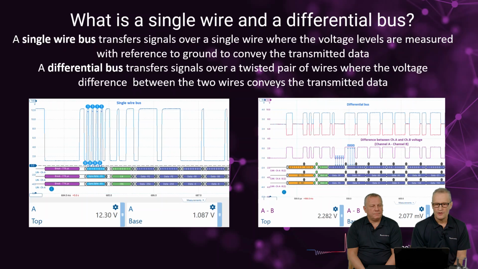Conversely, a differential bus transfers signals over a twisted pair of wires, where the voltage difference between the two wires conveys the transmitted data. So on the right hand side we've got CAN bus, differential, so you've got CAN high and CAN low, and when we subtract one from the other, we end up with what we call the differential voltage, and that is exactly what the computer is looking at to decode into the ones and zeros as required.